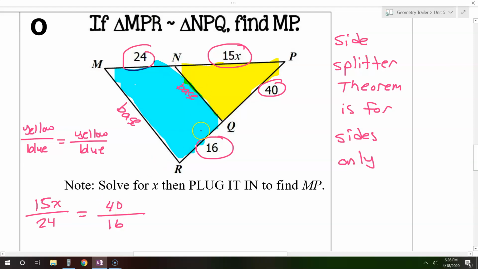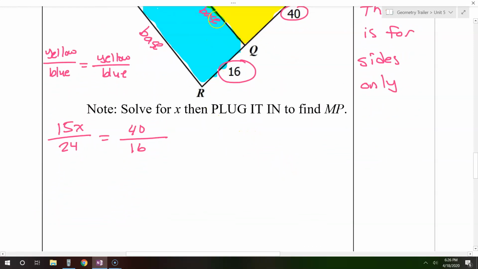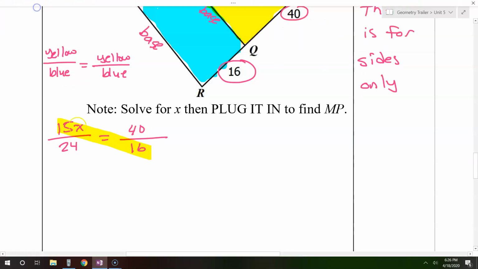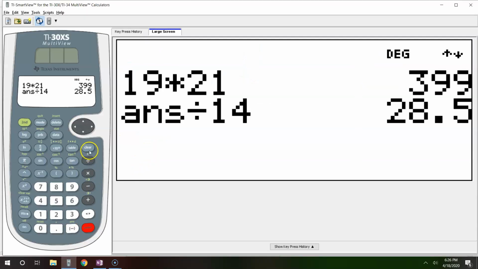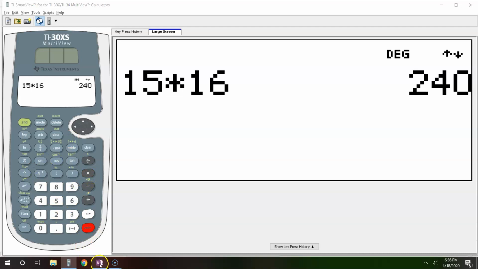This is going to be much cleaner than if we drew the triangles separately, which would have been a little bit of a mess. So I encourage you to use the side splitter theorem anytime you're just dealing with the sides. The rest is easy peasy, lemon squeezy. We're going to cross multiply. So 15 times 16 is 240.